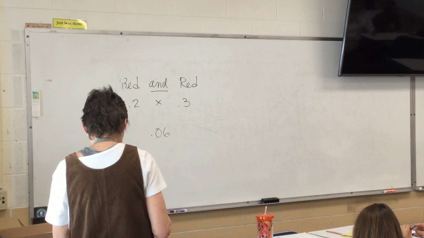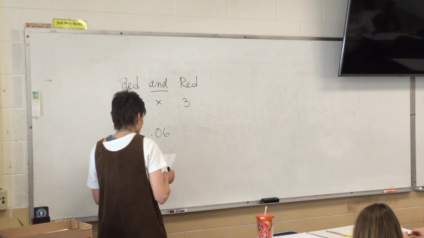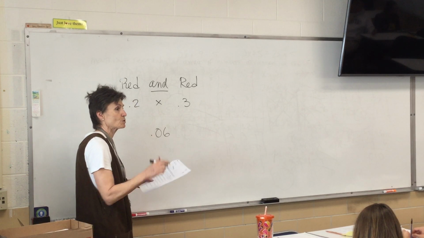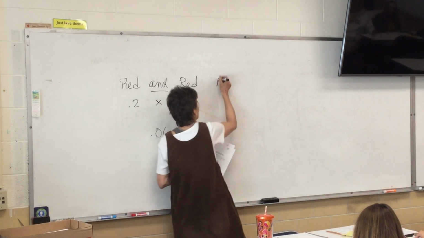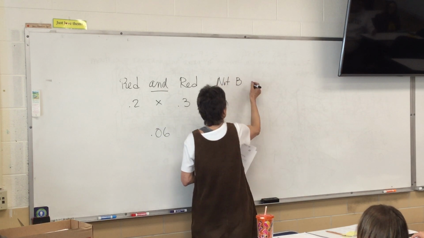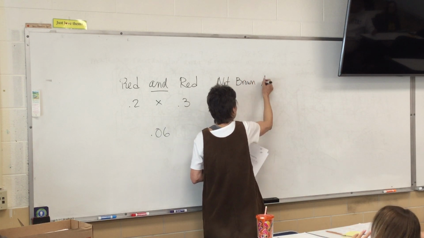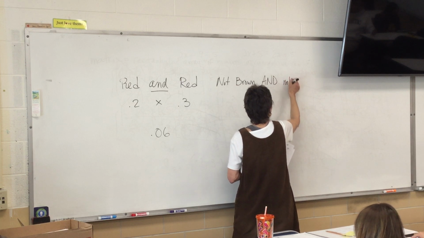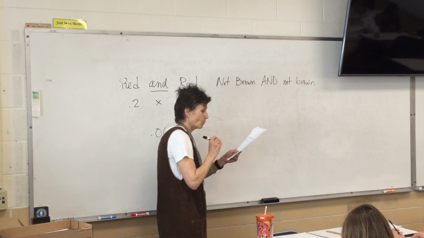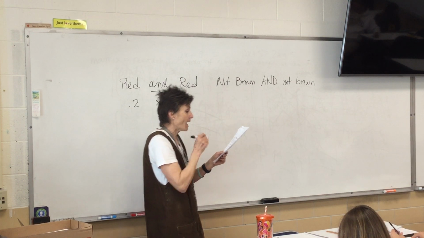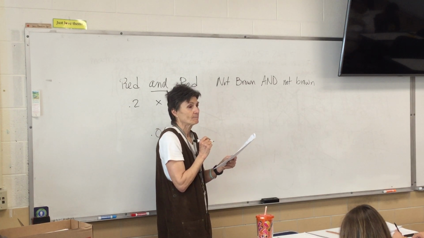D. What is the probability that neither will be brown? So again, we're taking one out of each bag, and we want not brown and not brown. We don't want any browns. So what's the probability of getting not brown from Maggie?